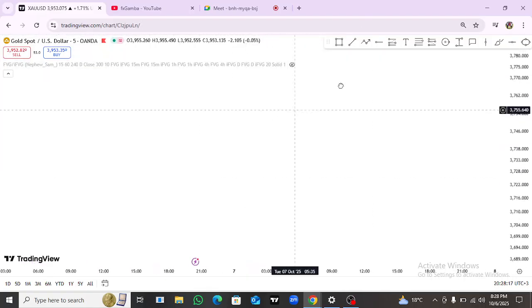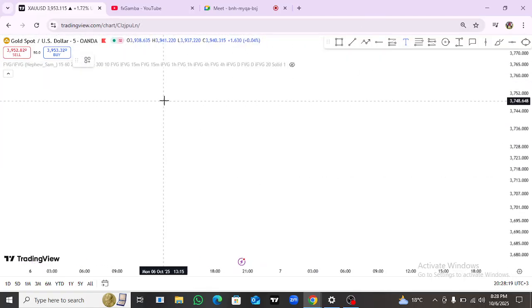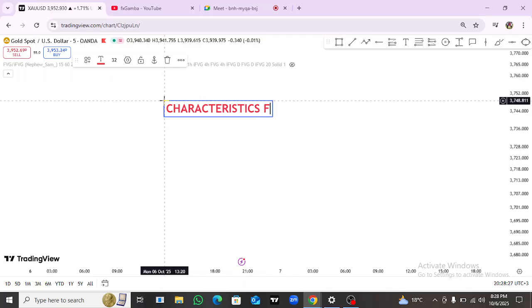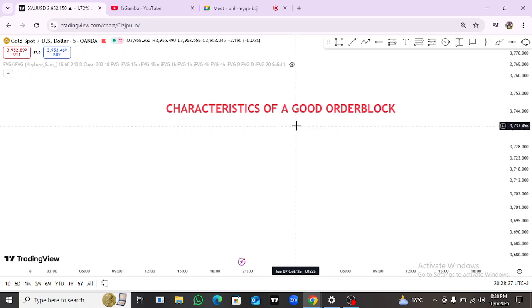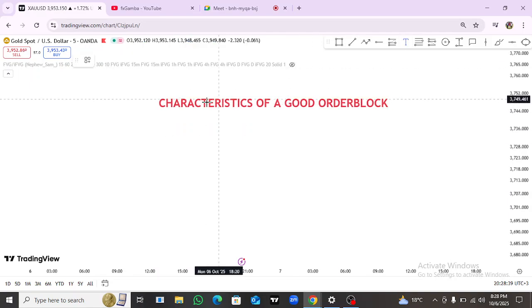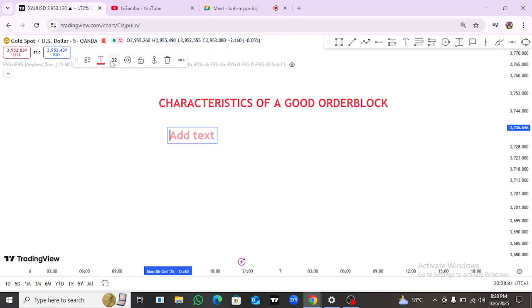So let's look at something else, characteristics of a good order block. So what makes an order block?